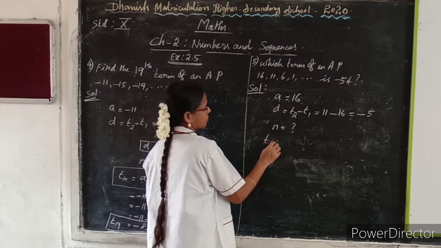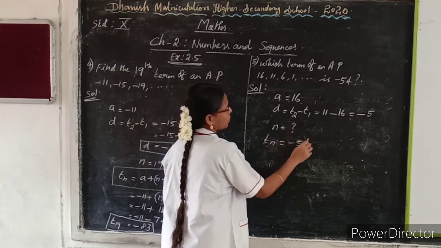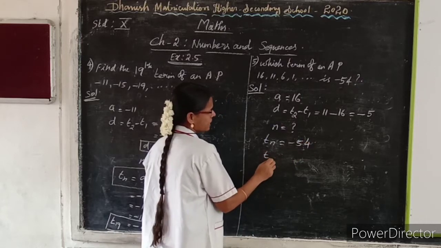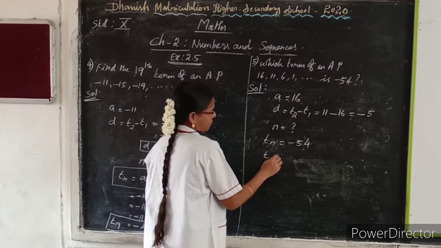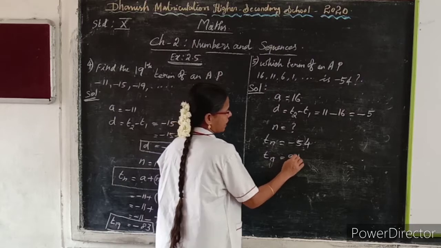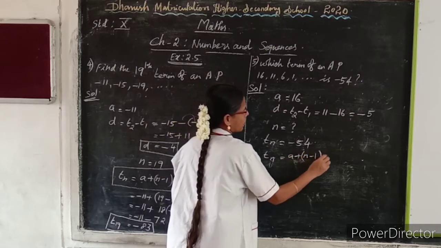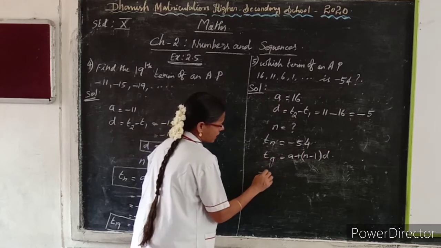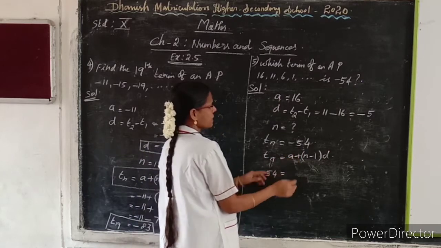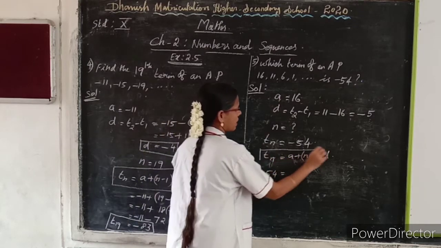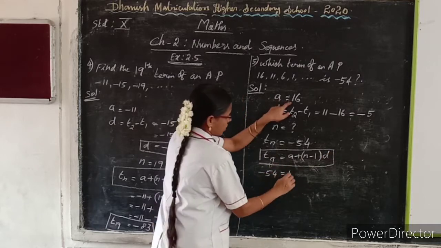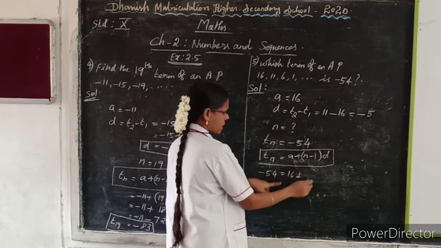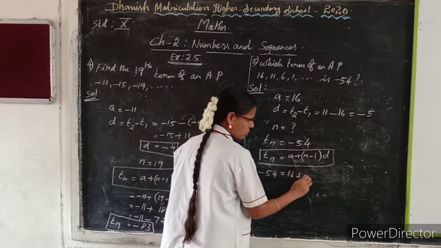Tn is minus 54. This is given. Tn is what? A plus (n minus 1) into D. Here, Tn is minus 54, A is 16, plus n minus 1. N we don't know.